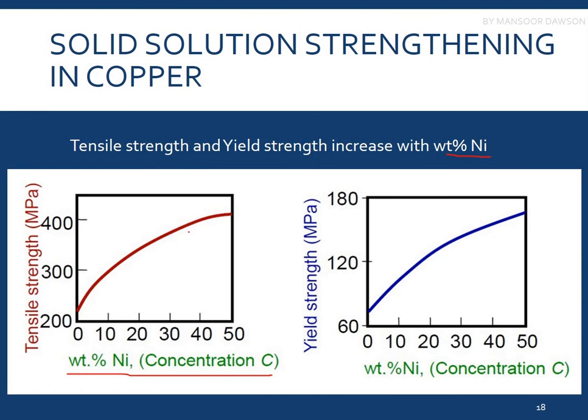Why? Because the nickel atoms provide hindrance to the dislocation movement of copper atoms. Also, you can see that the yield strength is increased as the percentage of nickel is increased. So this was all.